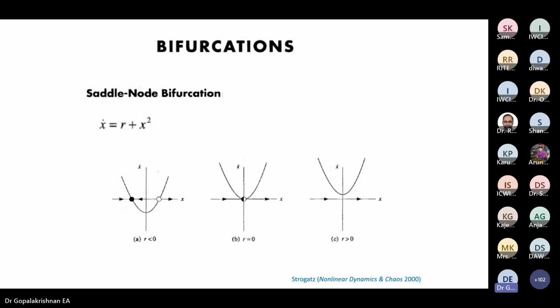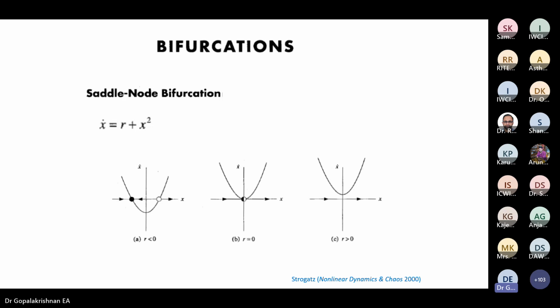If you are able to model your system using an equation such as x dot equal to r plus x square, now r is your system parameter, x is the variable of interest, and you are able to change r. Now what happens if you plot this for different values of r?